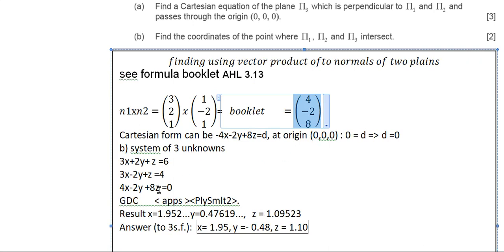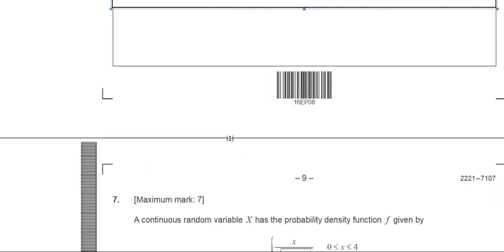It means that instead of D, you can put 0. You have a system of 3 unknowns, and using the application's simultaneous solver, you can find all 3 solutions of this system.